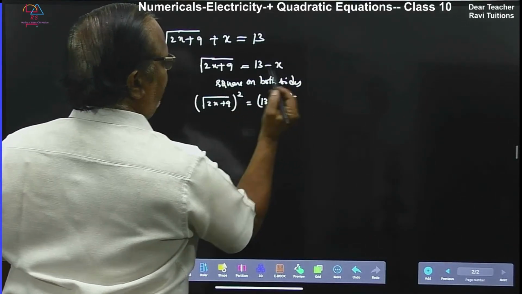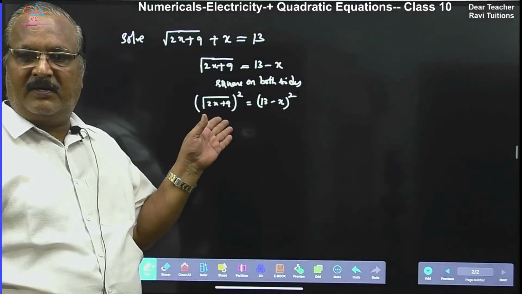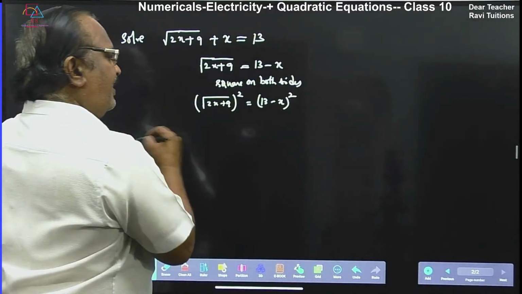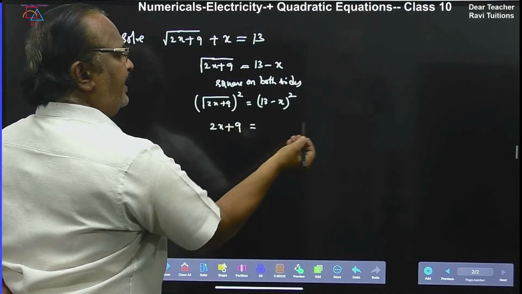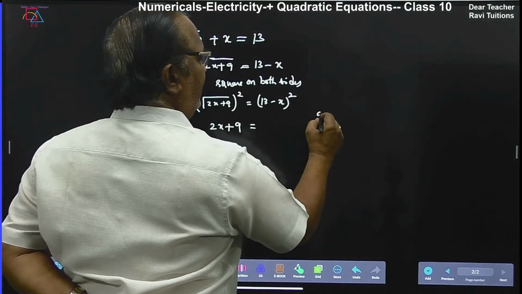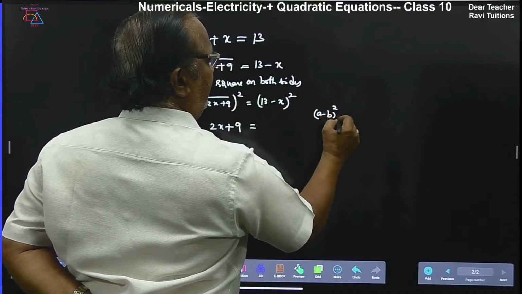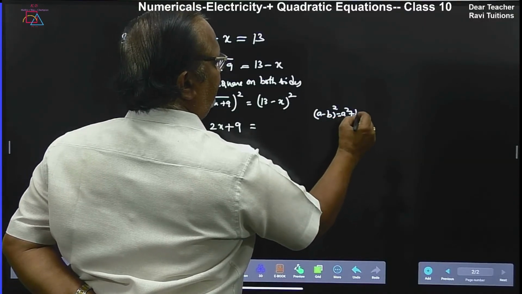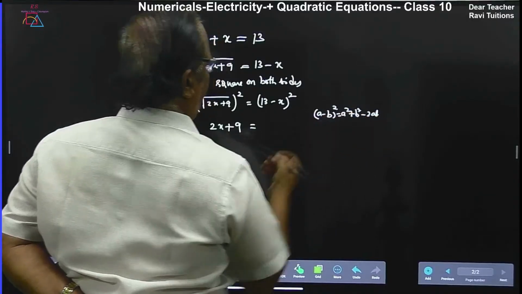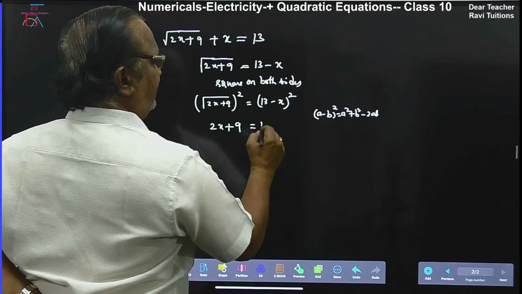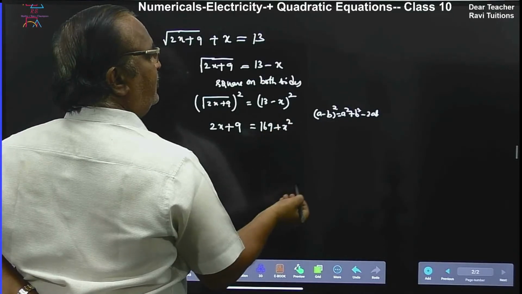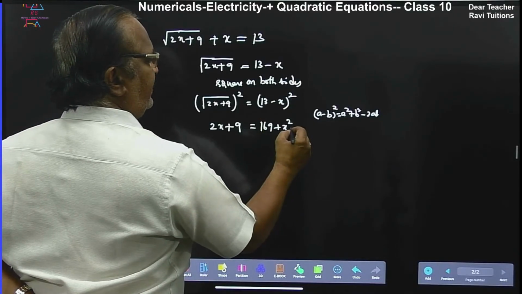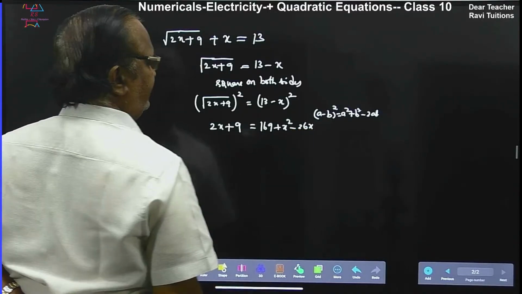On the left-hand side the square root will disappear. On the right-hand side I have to apply the formula a minus b whole square: a square plus b square minus 2ab. So 13 square is 169, b square is x square, 2ab is 2 into 13, 26, so 26x.